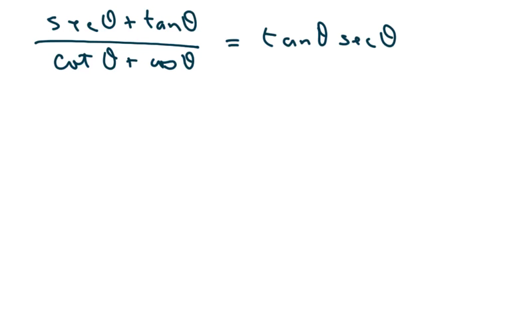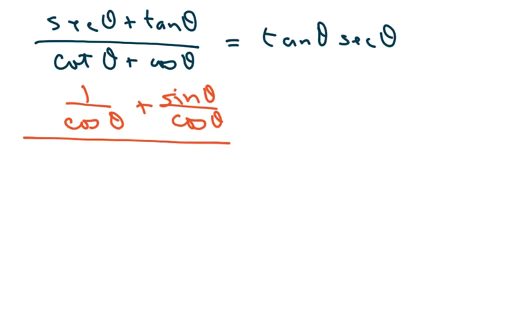Now what I'm going to do is go ahead and write this in terms of sine and cosine. But I'm going to write it as 1 over cosine of theta plus sine over cosine. Because when I do that, I'll have the same denominator.